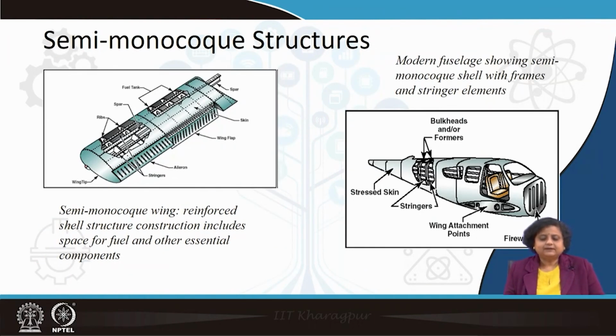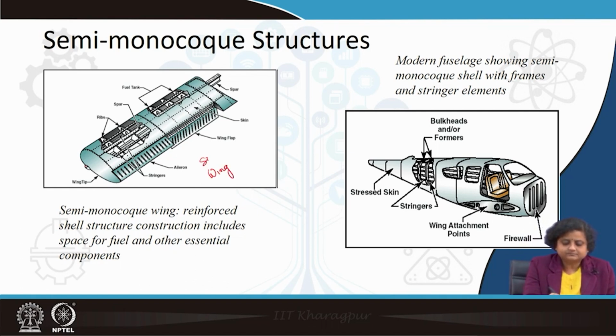These are pictures of semi-monocoque structures, schematics of semi-monocoque structures. This is that of a wing, a semi-monocoque wing. As you can see in the semi-monocoque wing, the outer layer is the skin.